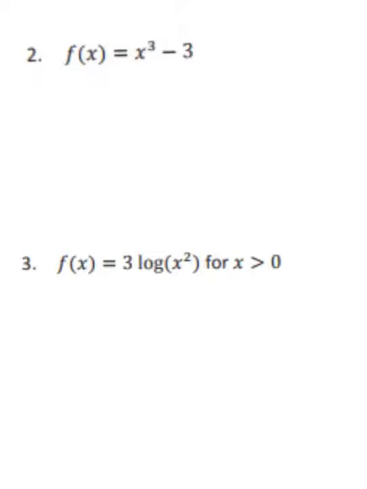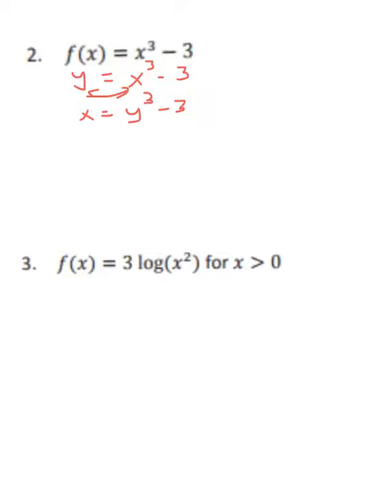Alright, so next up, we'll replace again f of x, so y equals x cubed minus 3. And then we will switch the 2 around again, so x equals y cubed minus 3. So then we're going to solve for y.